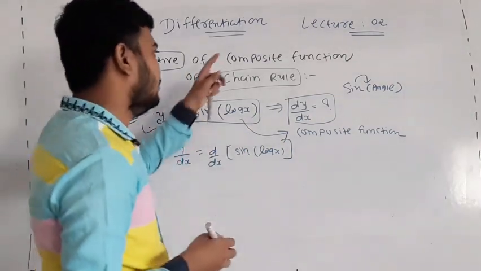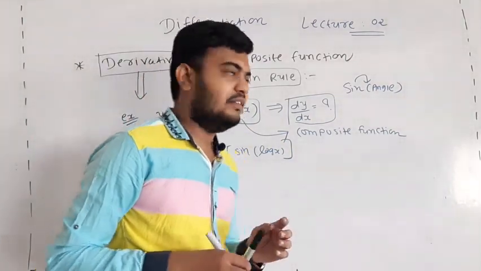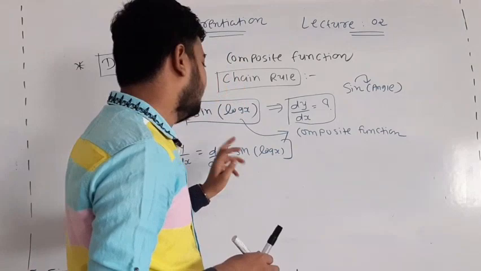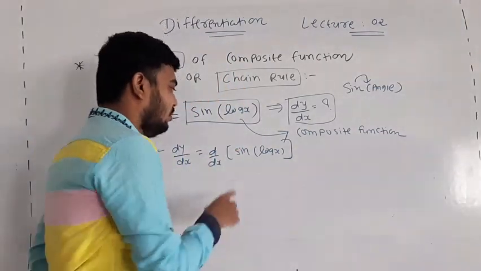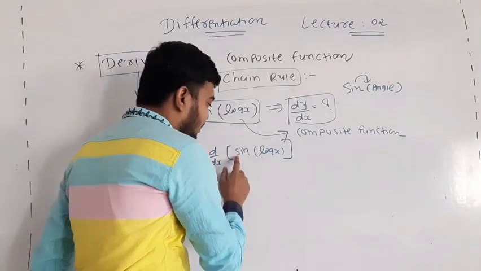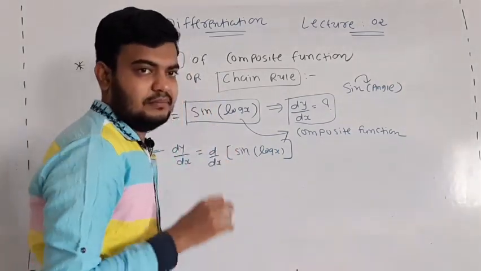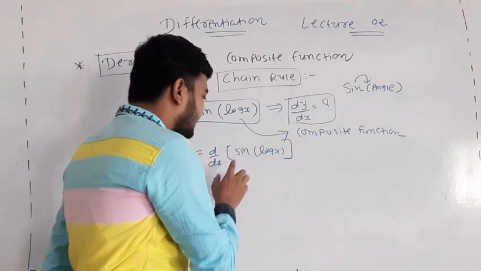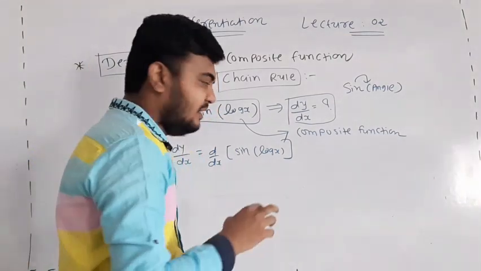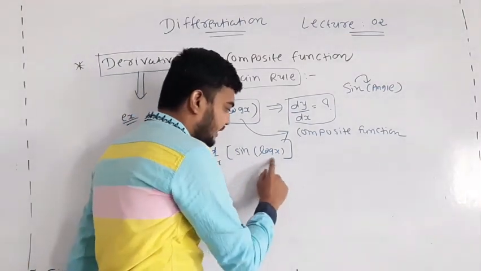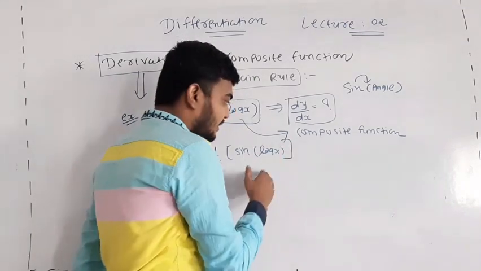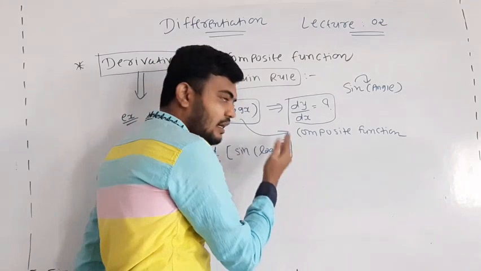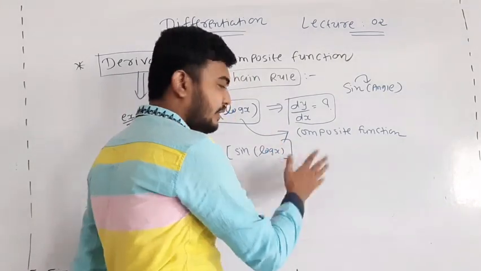If there is a composite function and we want the derivative of the composite function, then first take the derivative of the outermost function. Okay, first take the derivative of the outermost function, then the derivative of the second outermost function. If there is a third function, then take the derivative of the third outermost function and then go on.